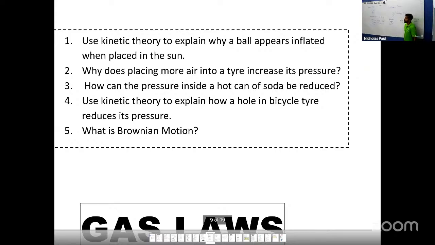Right, so write it down so you will have it. When placed in the sun, the temperature of the ball will increase. This gives the particles more energy.